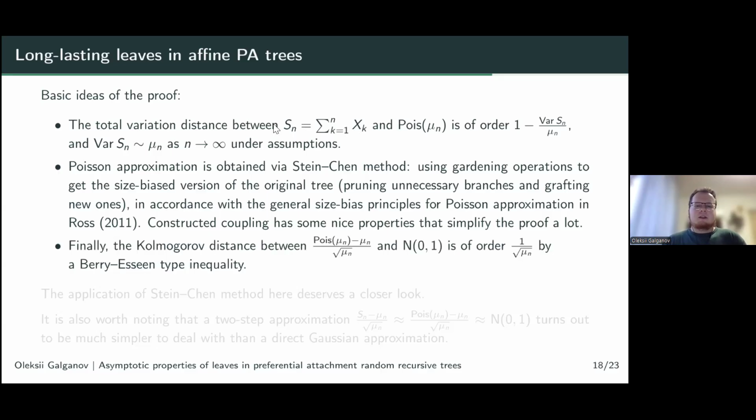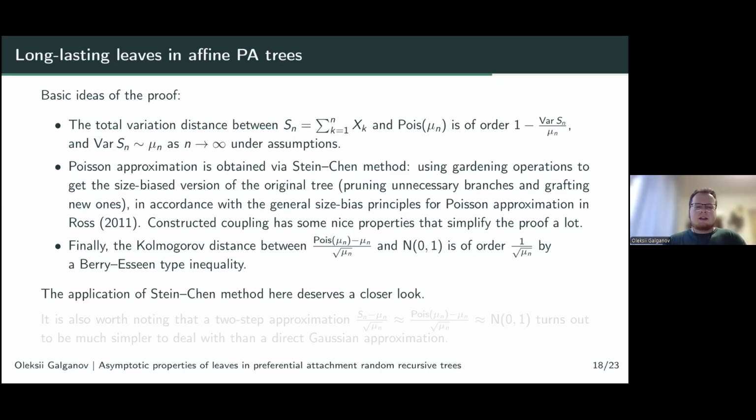So the first thing is that the total variation distance between the sum and the Poisson random variable converges to 0. And the last thing is that the Kolmogorov distance between this standardized Poisson random variable and normal distribution is of order 1 over square root of mu n, and this follows from a Berry-Esseen type inequality.